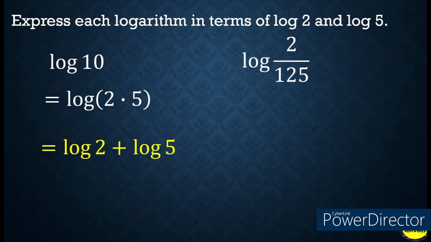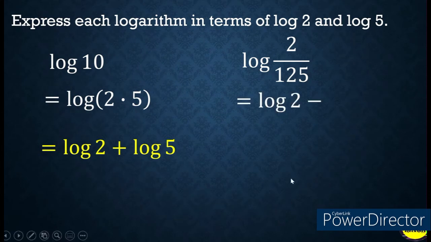Next, given, we have logarithm of 2 over 125. So, paano natin express at makikita yung logarithm of 2 and logarithm of 5 dyan? Since sa given natin, this is division, we're going to apply the logarithm of a quotient. So, kapag in-apply natin yon, anong operation? Kapag in-expand, that is subtraction. So, therefore, log 2 minus log of 125.